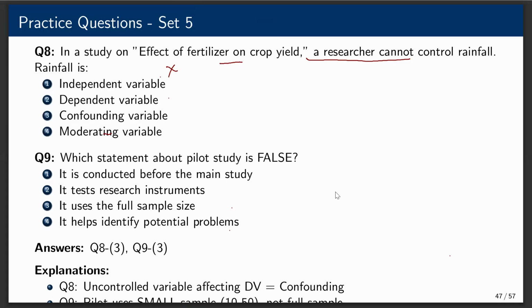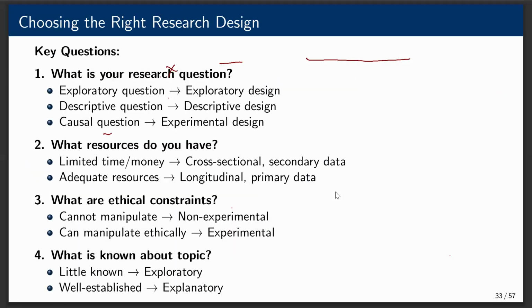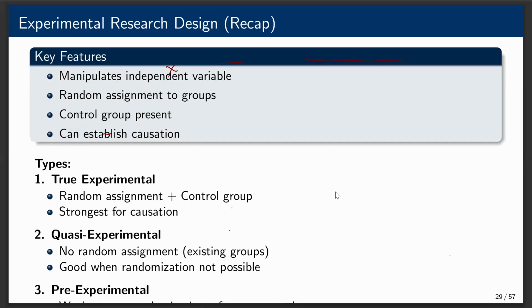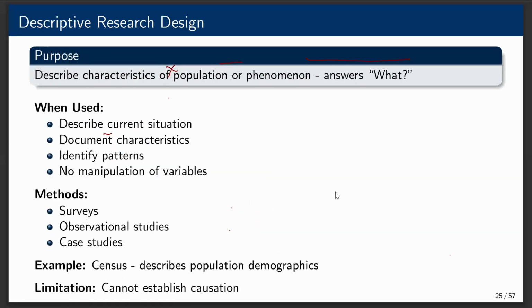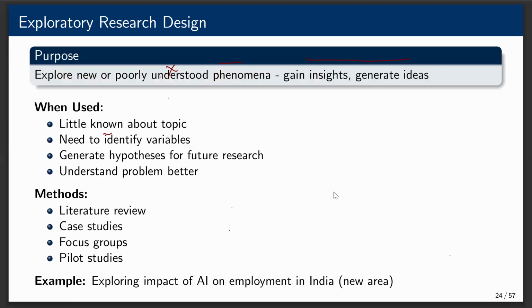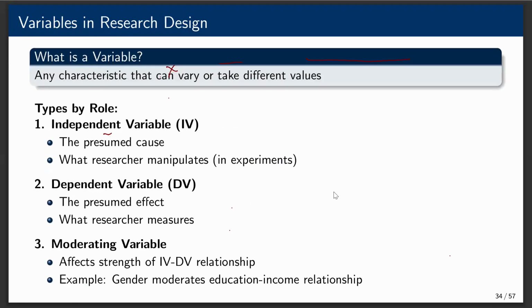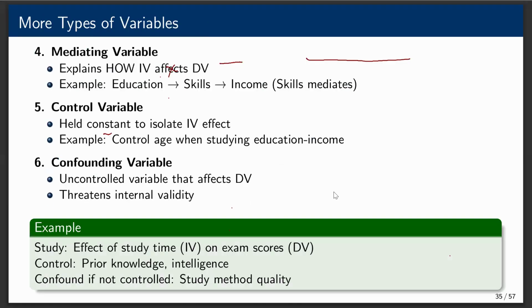What is a confounding variable? Already we have discussed. So please take a note of what you are asking again and again. It's an uncontrolled variable that affects the dependent variable and it threatens internal validity.